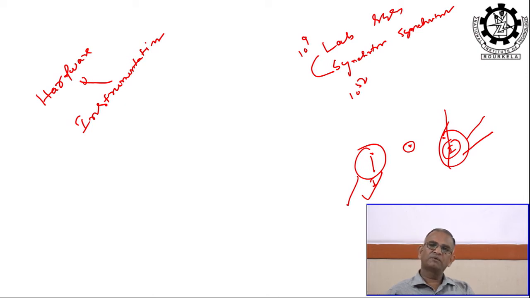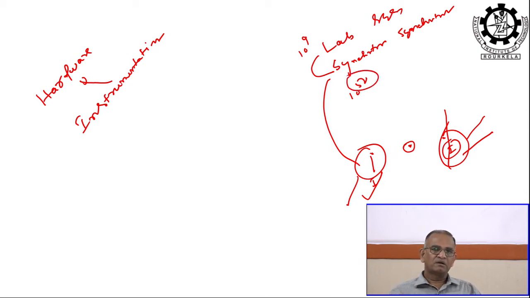That is why the source should be much more powerful, otherwise this will be weak, hence you are losing the information. And in that respect, synchrotron is the best source, because you know the flux. The synchrotron source is a very powerful source, about how many times?